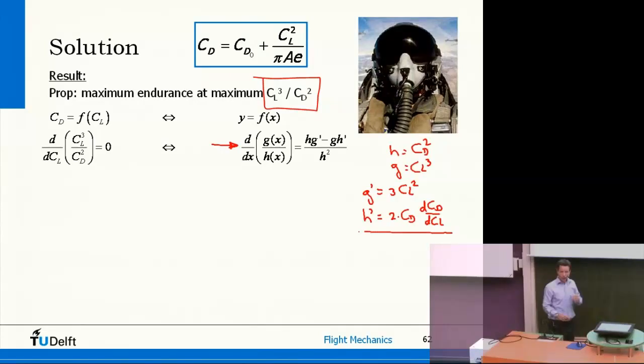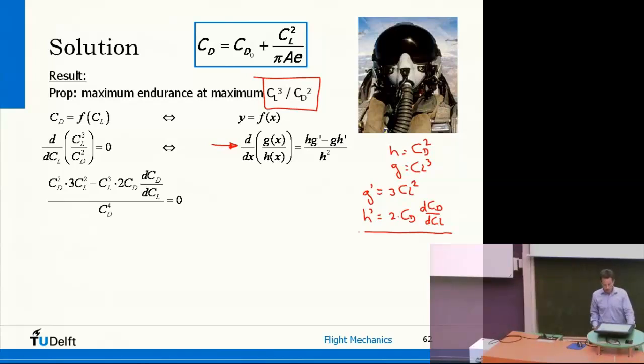So if I use that in the quotient rule, and I set it equal to 0, then this is what you get. CD squared times 3CL squared, which is the derivative of G, minus CL to the power 3 times 2CD times the derivative of CD over CL.